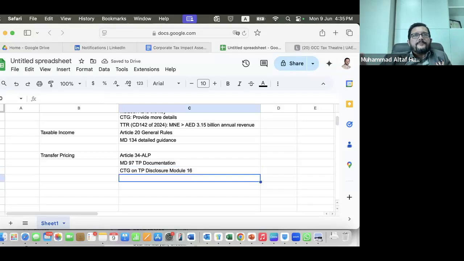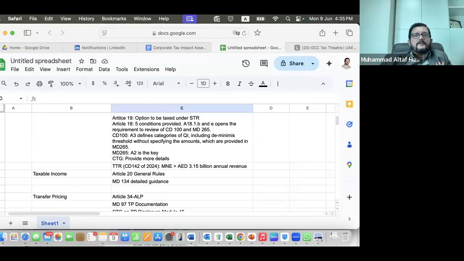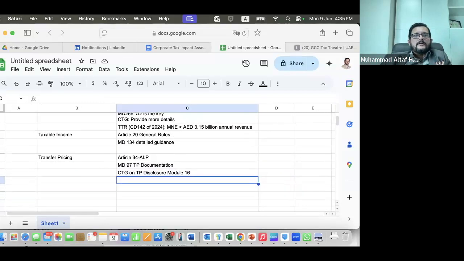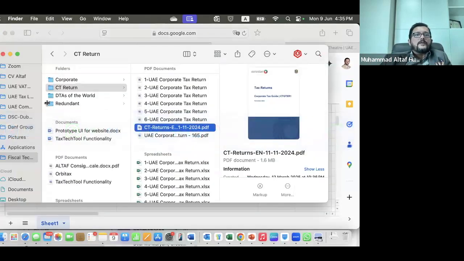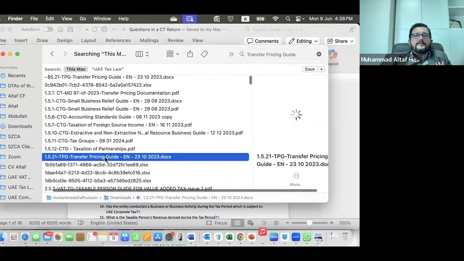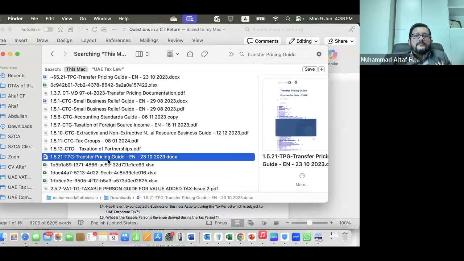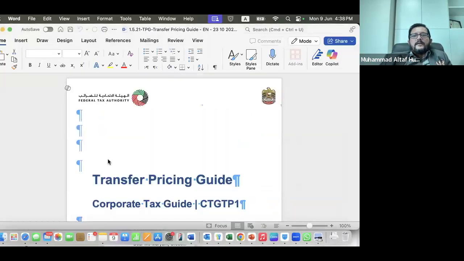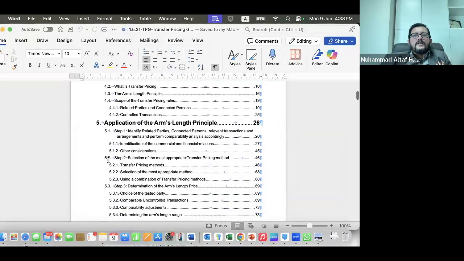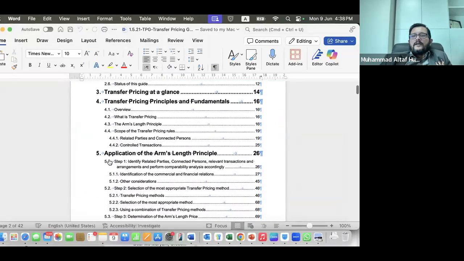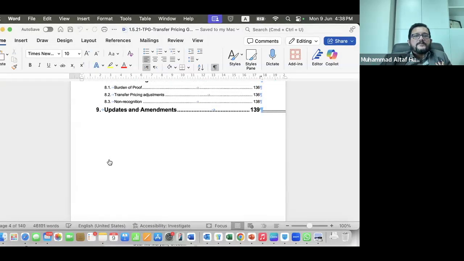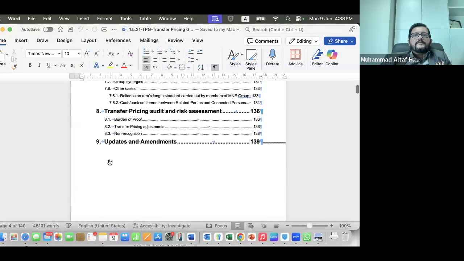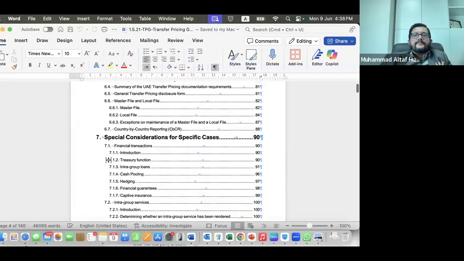Now, if there are other things like detailed disclosure and proper compliance with transfer pricing, for that we have a different document. It's in Word format and it's like 140 pages or something, but it contains everything on transfer pricing.